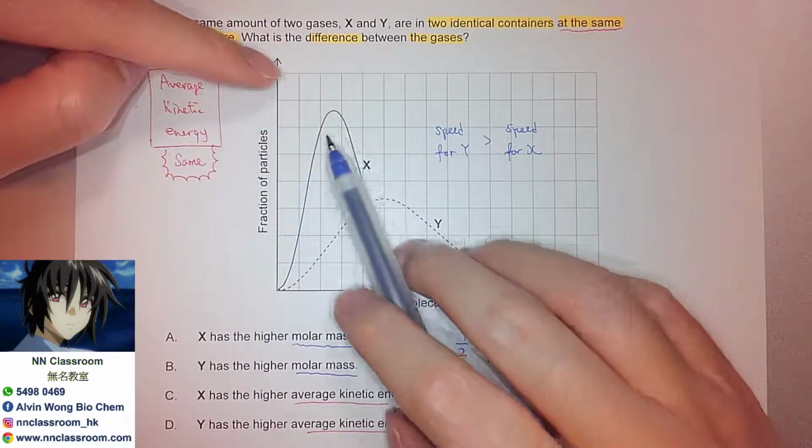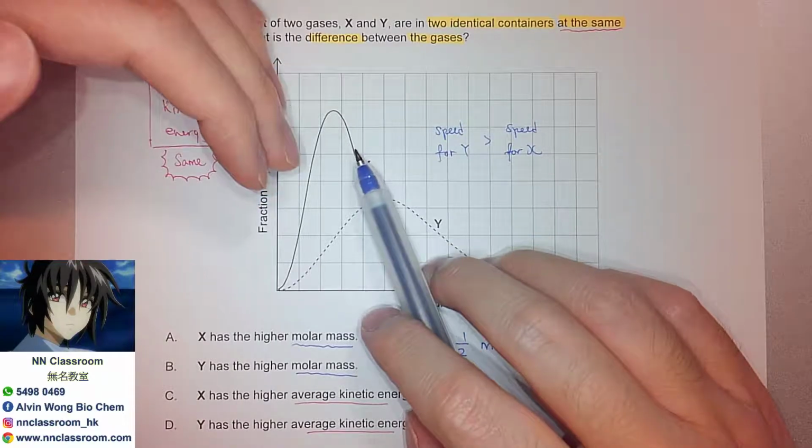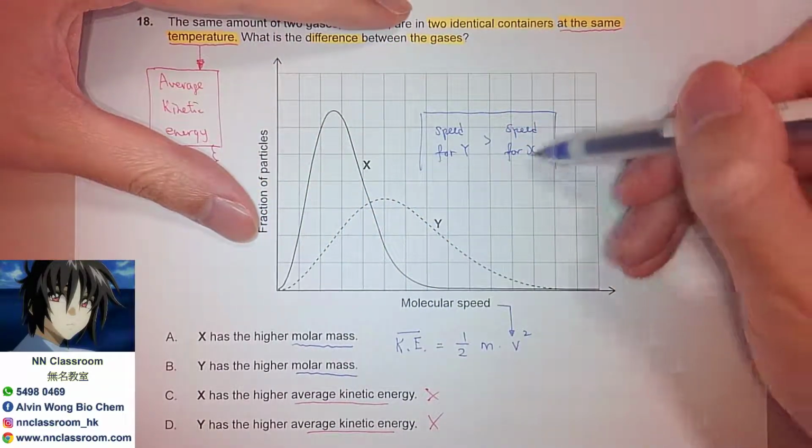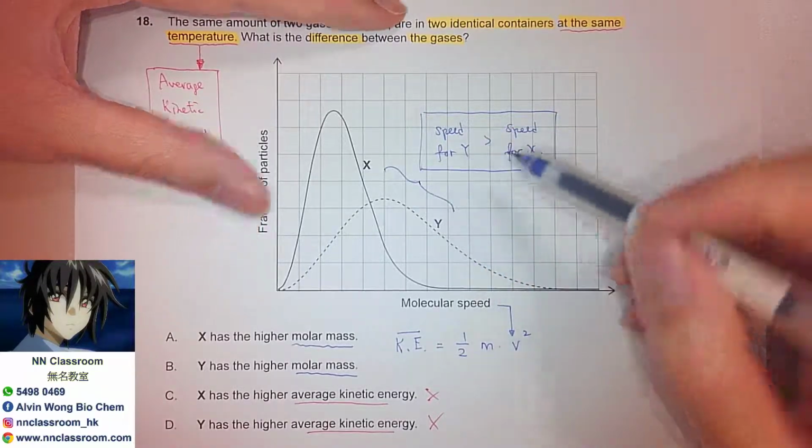But for X, the majority stays in the area where the molecular speed is lower. This is the first interpretation from the diagram.